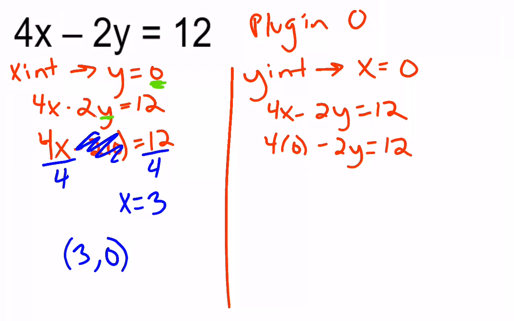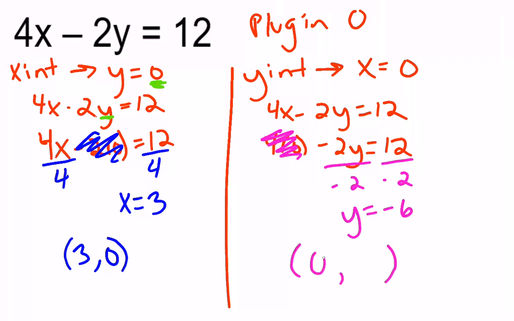So when I multiply by 0, 4 times 0 is going to give me 0. But don't lose this negative right there. Okay, and now how do we solve for y? We divide by -2 on both sides, and I get y equals -6. So my point is going to be 0, -6.